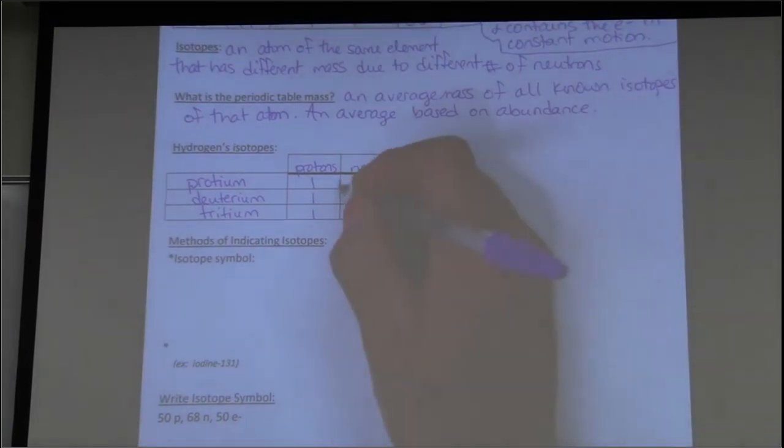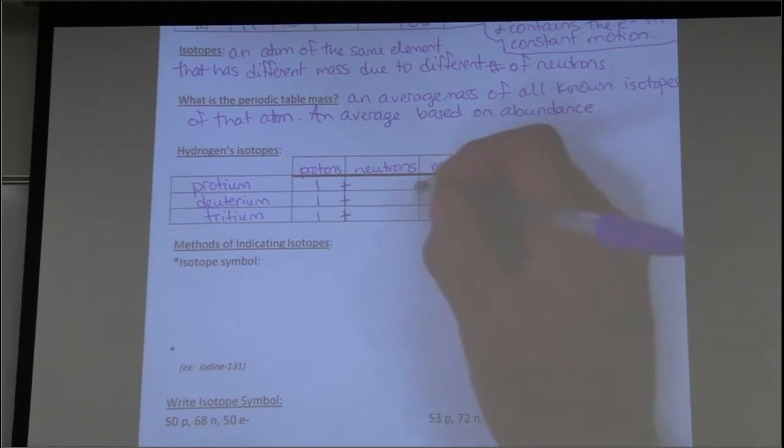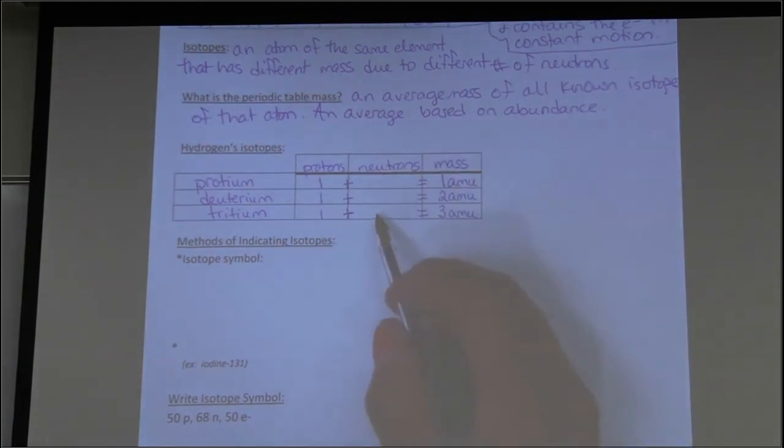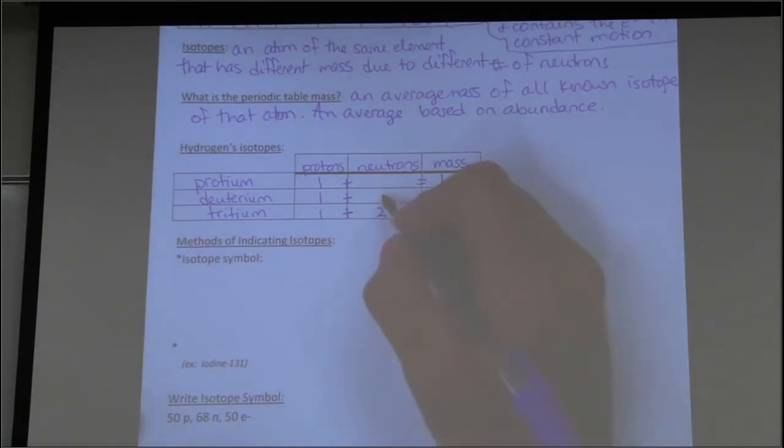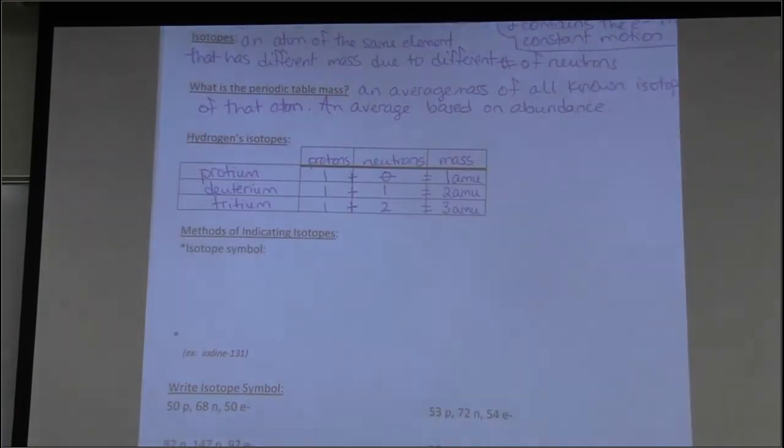Neutrons. Because 1 plus the neutrons will equal the mass. So let's start with tritium. How many neutrons does tritium have? 2. Deuterium, 1, and protium, 0. You mean you can have no neutrons? Sure. You don't have to have neutrons.